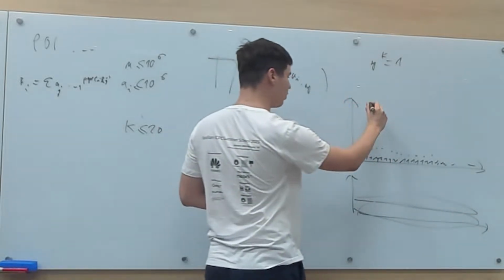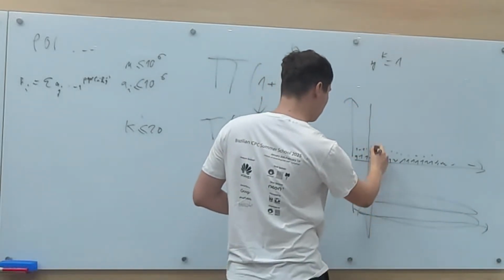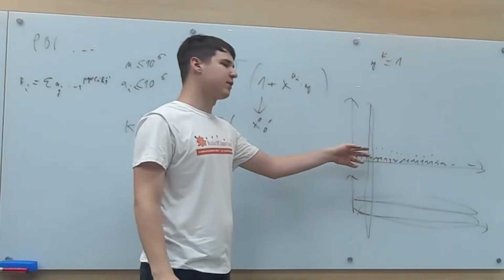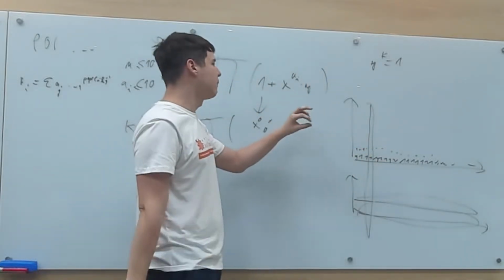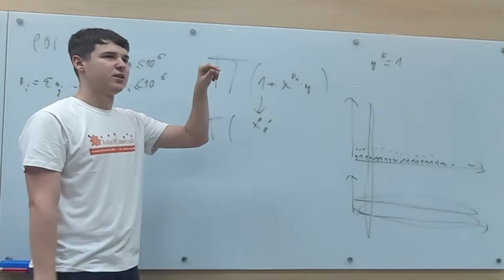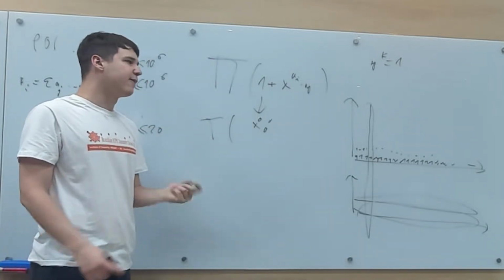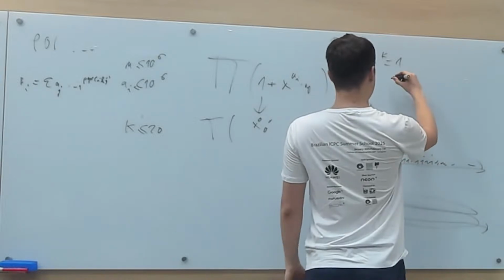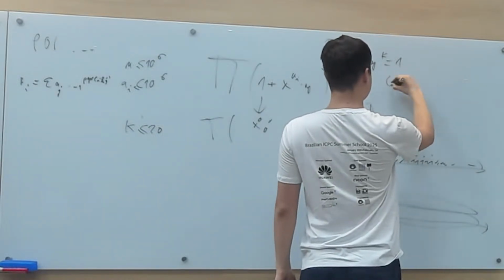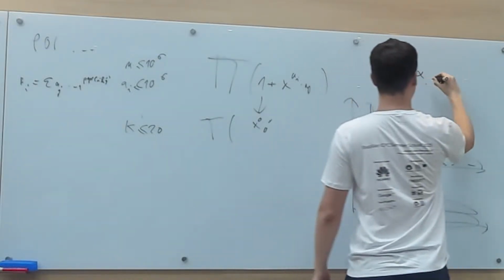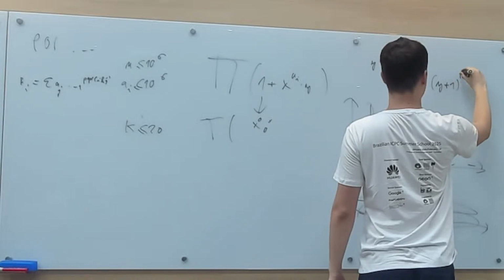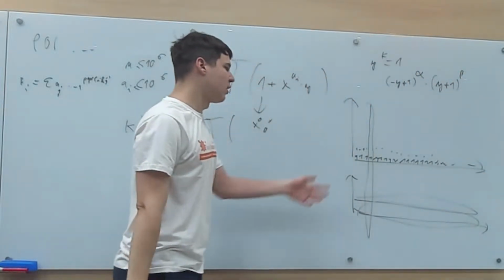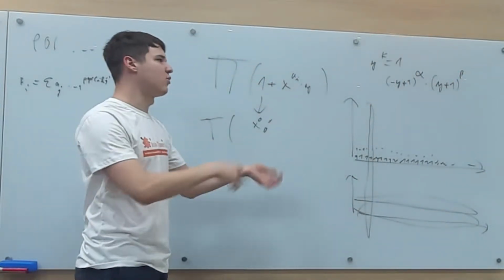In each column we have some polynomials which depend on y, and we multiply them in this y dimension, just naive multiplication. This product is of the form (-y + 1) to the power of alpha times (y + 1) to the power of beta, because only such expressions can be created in this column.